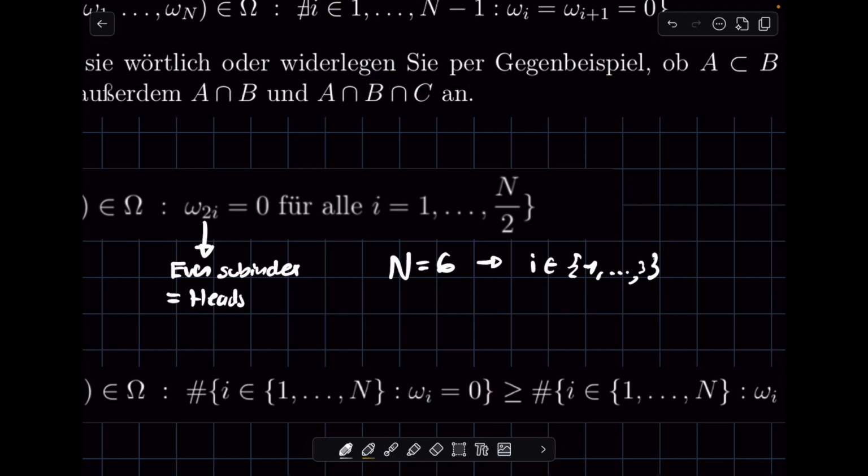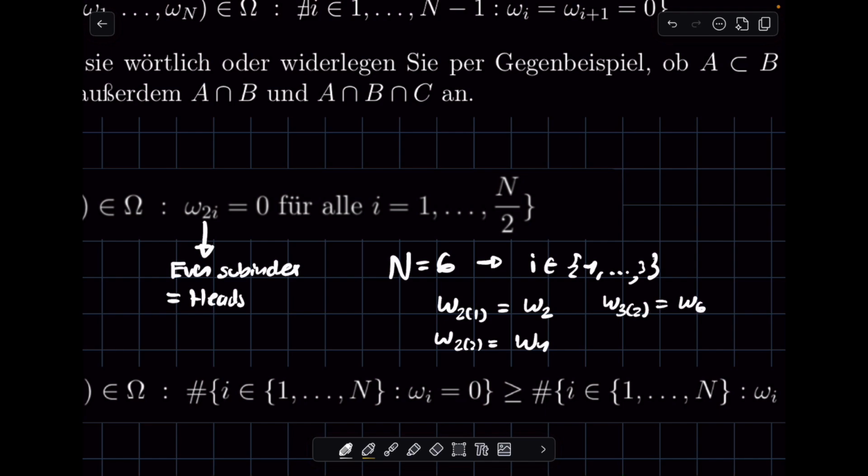whenever we have omega 2, 1, there's going to be omega 2, omega 2 and 2 is going to be 4, and omega 3, 2 is going to be omega 6.